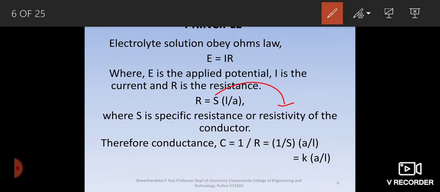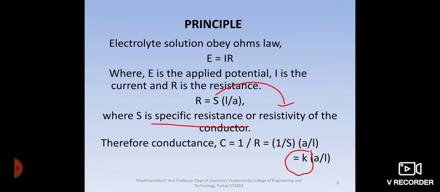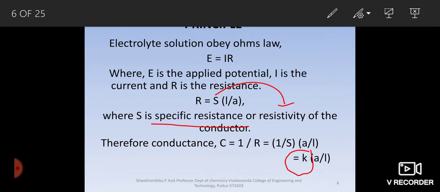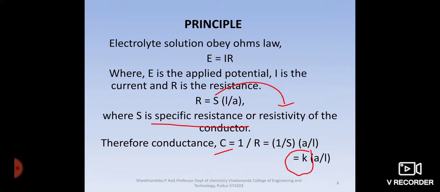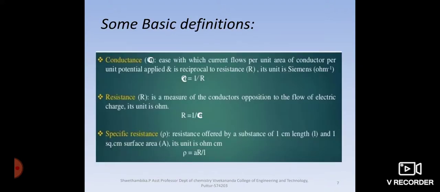K is the reciprocal of resistivity, so we call it specific conductance. S is specific resistance, so K is specific conductance. So in any system, whenever we measure conductance, the conductance of a solution is given as specific conductance into A/L. That way we can calculate the conductance of a solution.